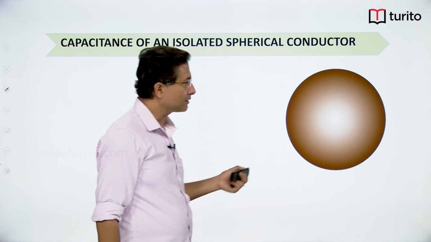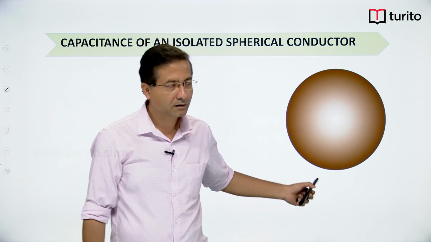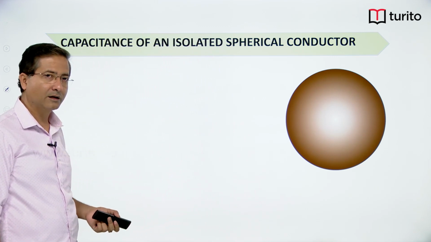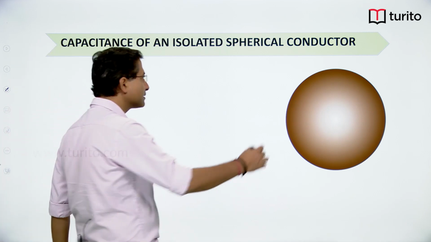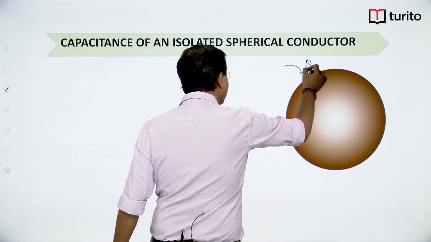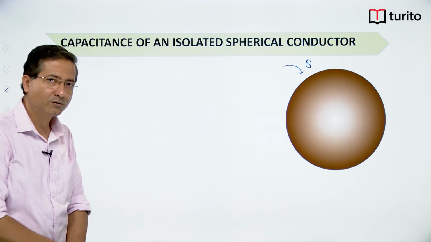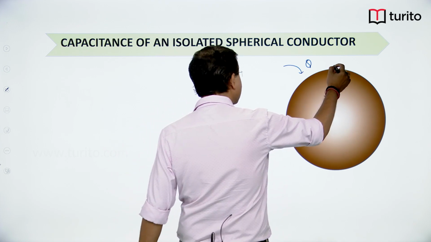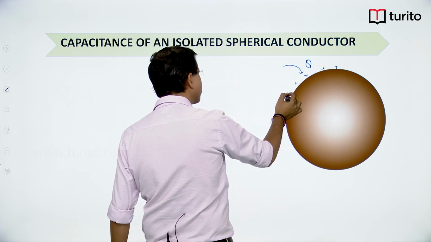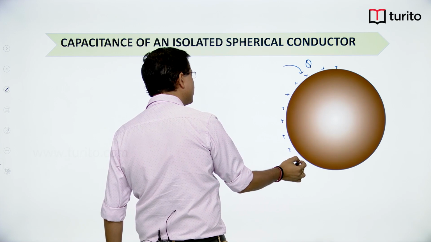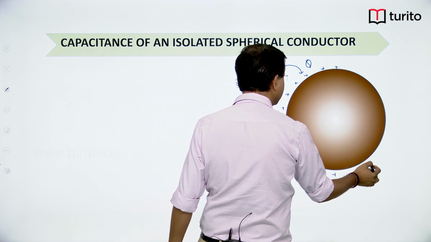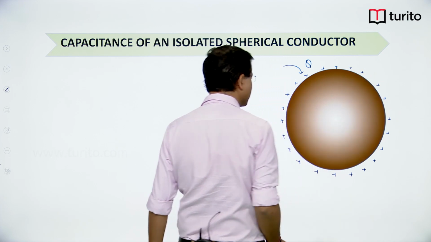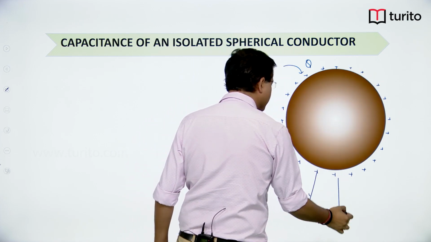Isolated spherical conductor. So, we have got a spherical conductor and we want to find out the capacitance of this arrangement. So, procedure is I will give charge Q. Here the second one I will assume to be placed at infinity, right. Because if you give charge, the field pattern will be something like this.